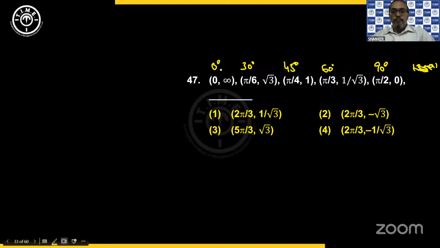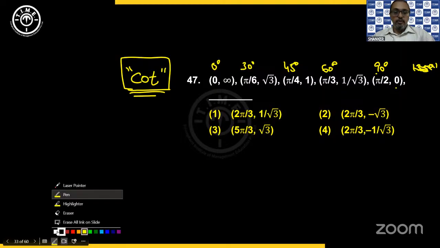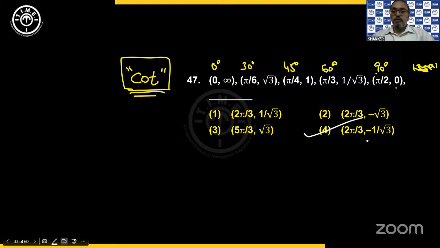So what is it that you are going to get? What values are these? 90 degrees gives 0, 0 degrees gives infinity. So these are cot values. What is cot of 2 pi by 3? It is negative 1 by root 3.